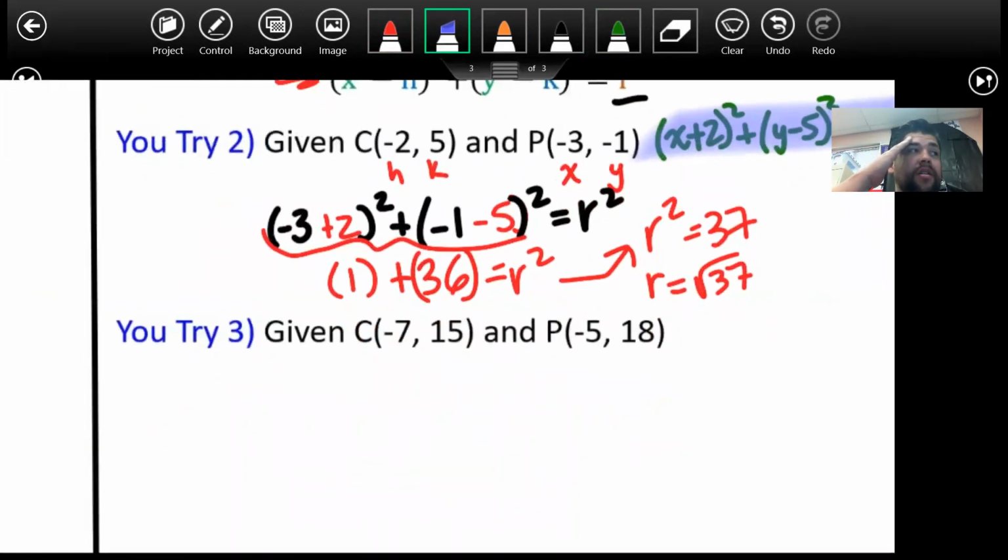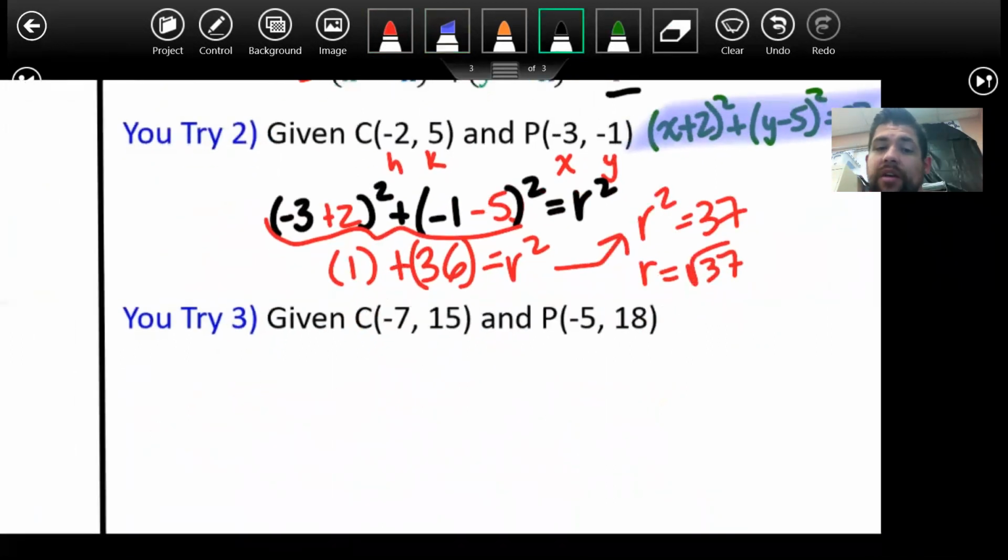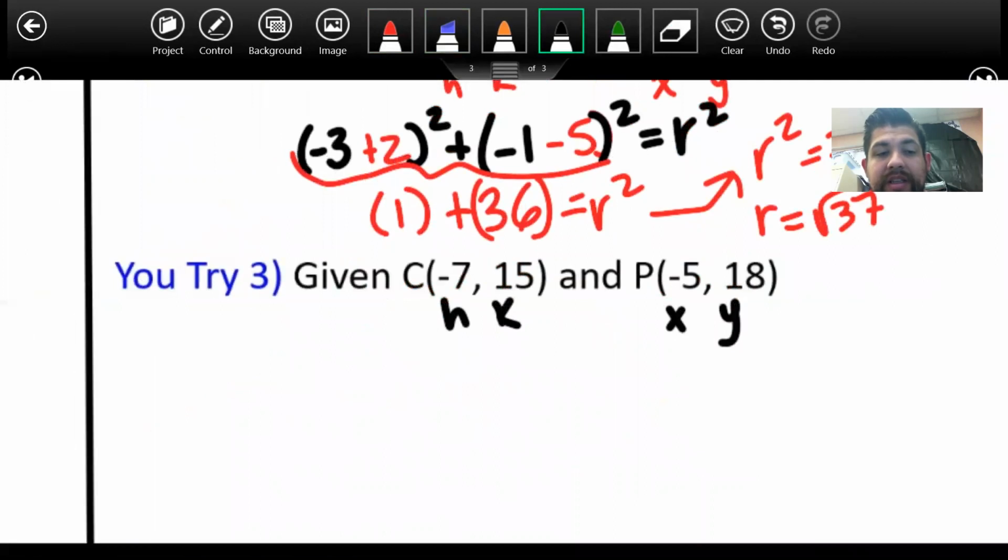So we're already on part number 4, so hopefully you guys are trying out the next one. Another way you can just do this is just directly plug them into the equation. And I'm going to just go ahead and do that. I'm still going to label this HK, XY for my point. So we're going to plug these in.